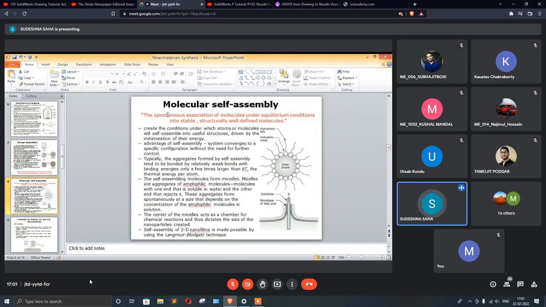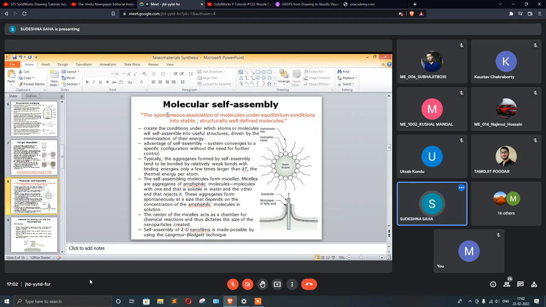In nature, it is already there. What we are trying to do is mimic those structures artificially, whether it is at all possible or not.